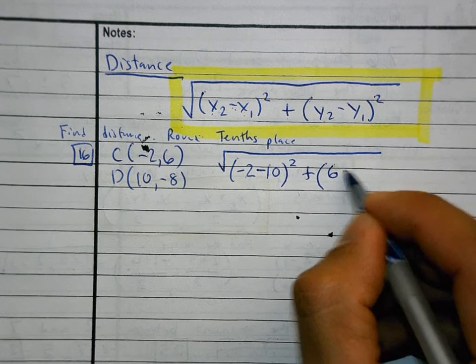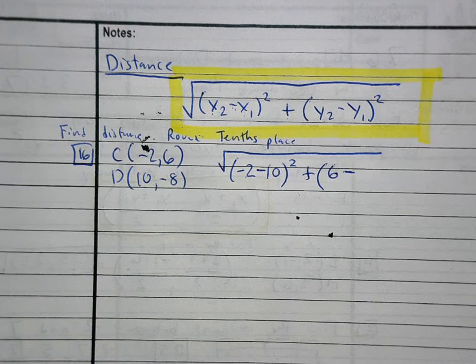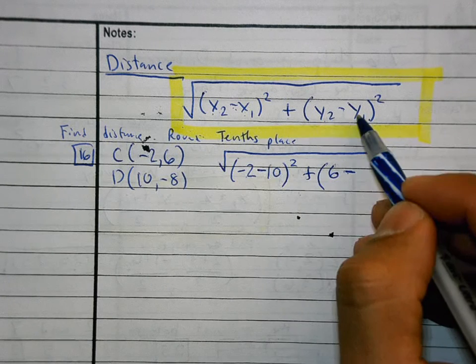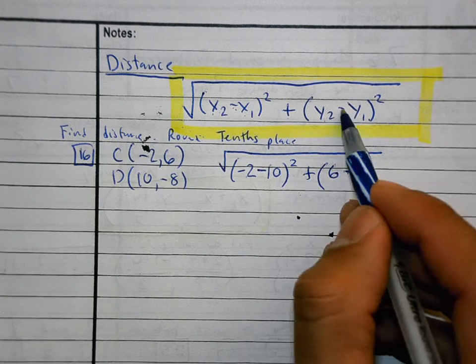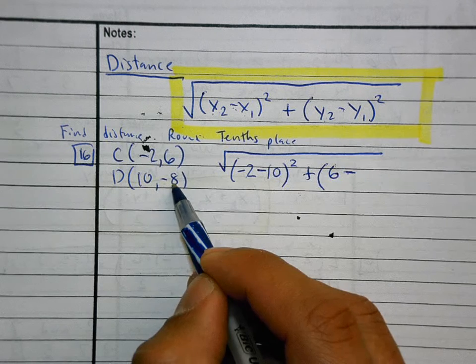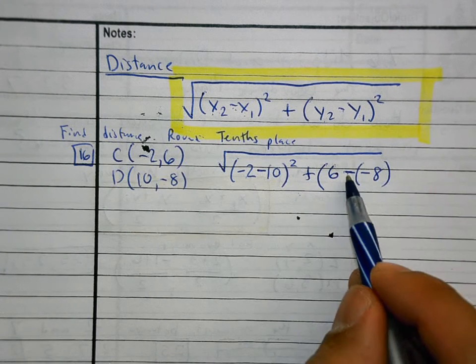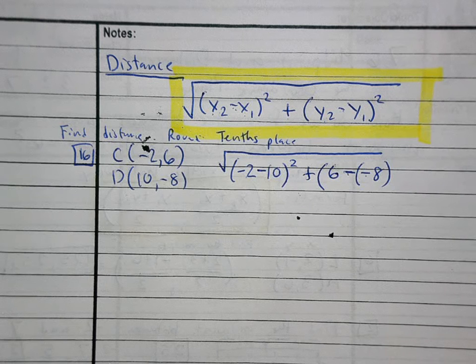Minus, and this is where a lot of students mess up. In this formula, you have to subtract. Sometimes you're subtracting a -8, which means you have a negative inside parentheses. You're subtracting the -8. A lot of students mess that up. Squared.